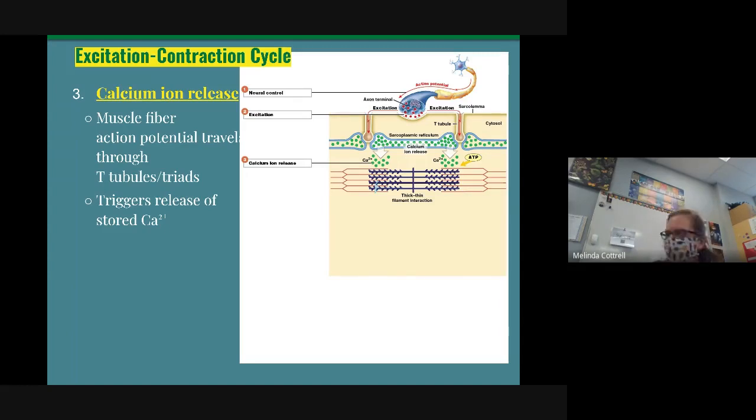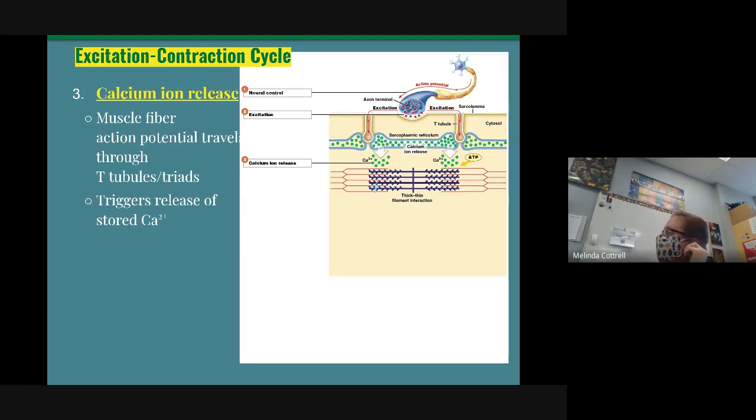All right, we're going to move on to tension and twitches. The rest of this chapter really talks about how muscles work together, how tension is produced, how a muscle might twitch, and the different levels of contraction.